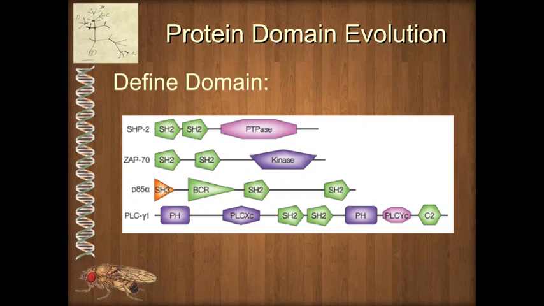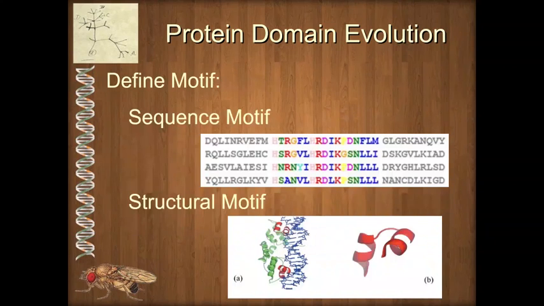So we might see that domain serving as a binding site for one type of molecule in a certain protein, and then it serves as a binding site for a related type of molecule in another protein. So still the same basic job, but with maybe some slight modifications. So we have some constraint and some flexibility, and the different domains really are going to show different amounts of that flexibility.